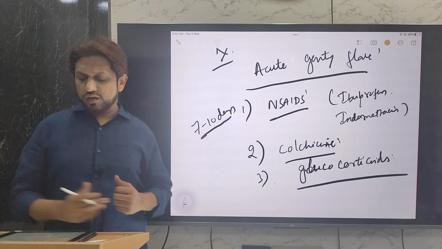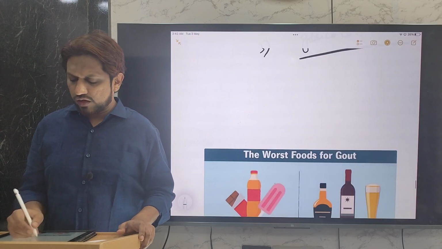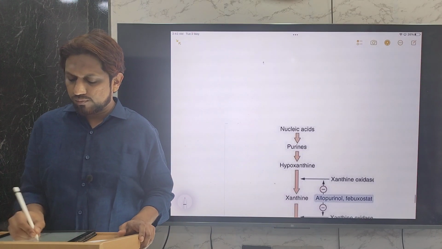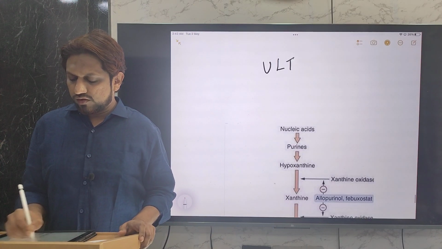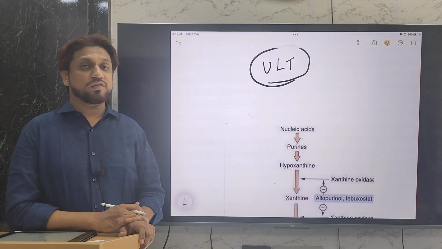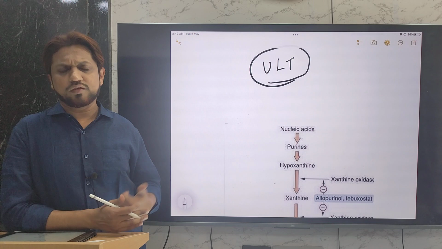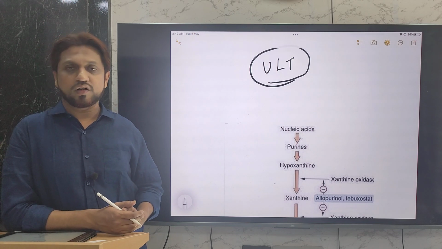Then there are other drugs which are known as urate lowering therapy. This is not given to all patients. If the patients are relieved by the NSAIDs and colchicine, there is no need to give these extra drugs.